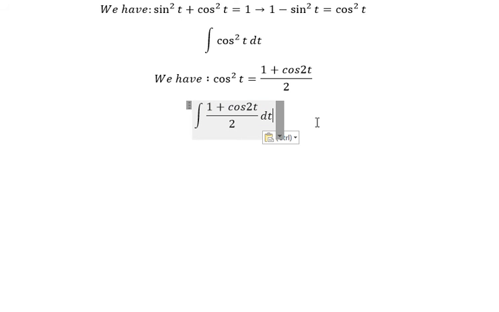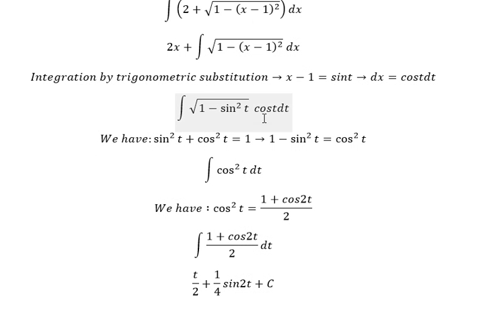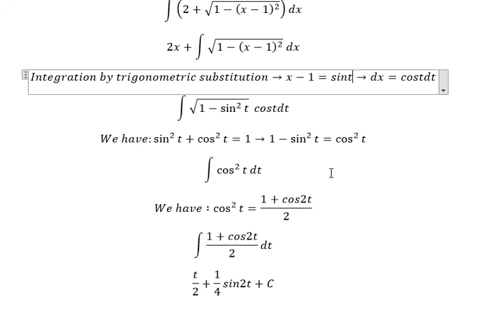And now we can get the final answer. The integral of 1 over 2, you got about t over 2. The integral of cosine 2t over 2, you got about 1 over 4 sine 2t. And now we put about c is about constant. About t, we need to change back for this one.